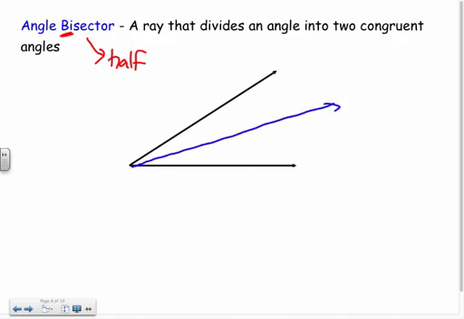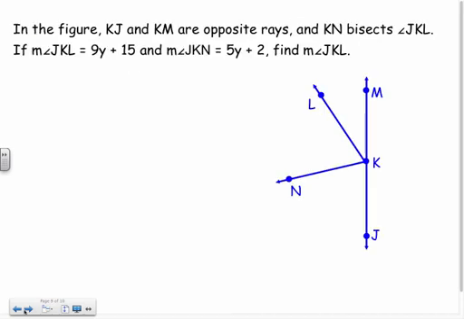I drew a ray, it bisects it. I didn't do a very good job at the front here. So this angle is the same as that angle. They are congruent. It bisects it. So if this is 30 degrees, this is also 30 degrees. Just like that. So let's use that information here.